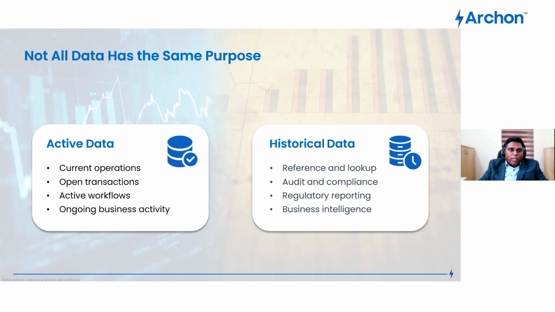So when we call out active data, it is any data pertaining to daily transactional activities, or any open transactions, or any ongoing business activity that has its own life cycle, right? So we will need to demarcate what part is active data and what part is historical data, right?